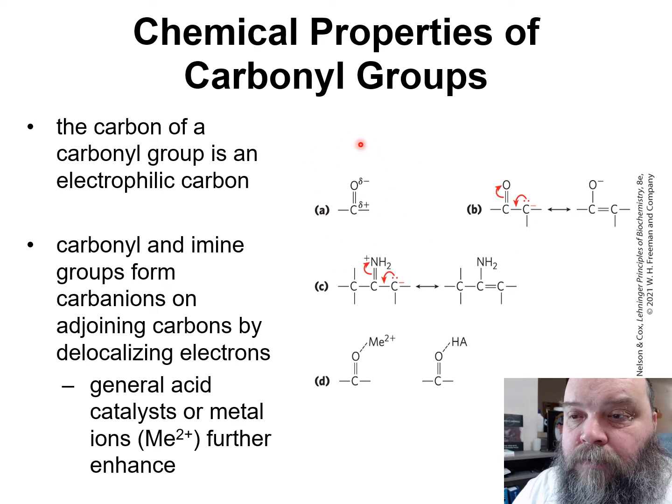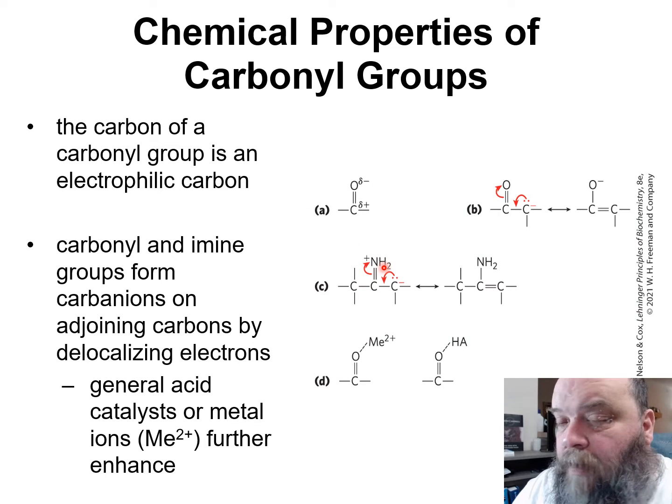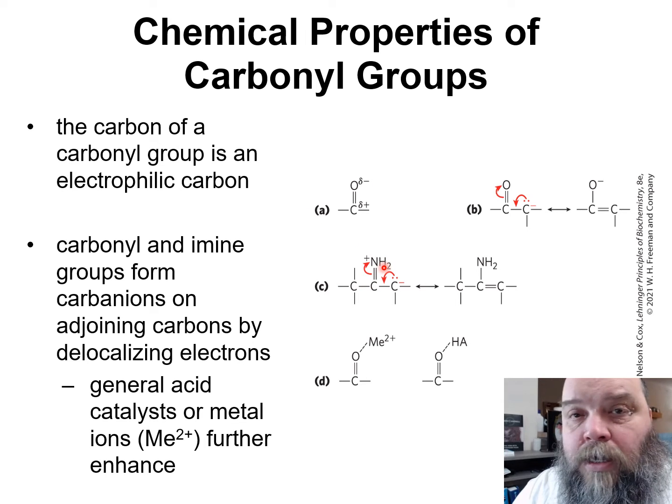Well, it's right here in A. This is actually figure 13.3 from the textbook. The carbonyl group has an unequal sharing of the electrons. Oxygen's a greedy bugger. It's going to hold on to the electrons longer than the carbon of this carbonyl group. So it means oxygen is going to have a negative-ish charge. Carbon's going to have a positive-ish charge.